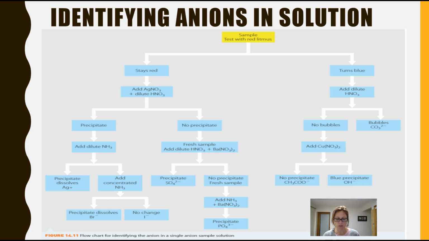But looking first of all, we've got our group 7 or 17, depending on which periodic table you look at, of our halides. So we've got our chlorides, our bromides, and our iodides. So they all form a fairly similar coloured precipitate. One's yellow, one's cream, one's white, so it's pretty hard to distinguish between them with certainty.